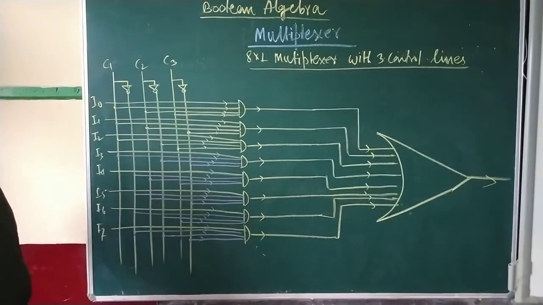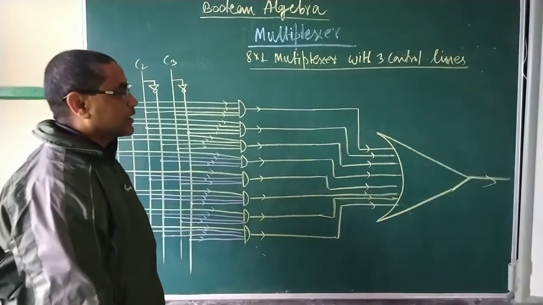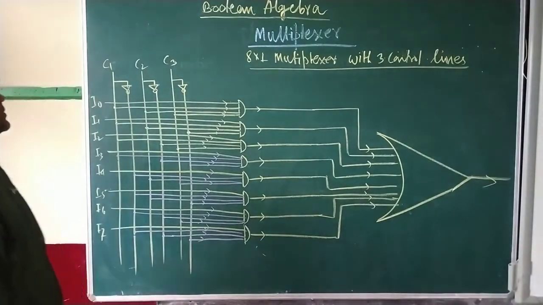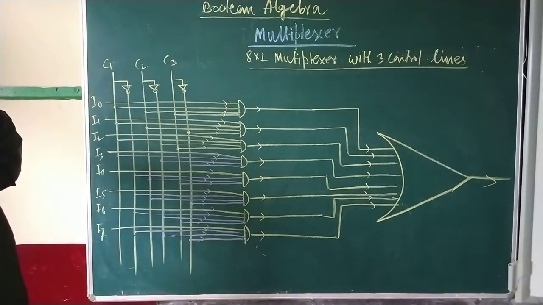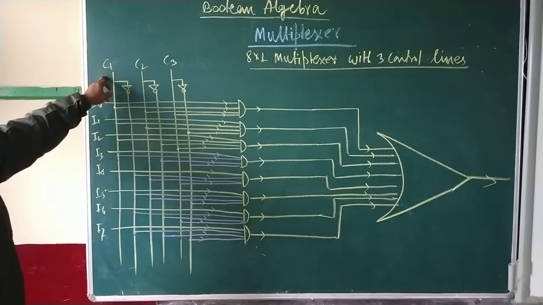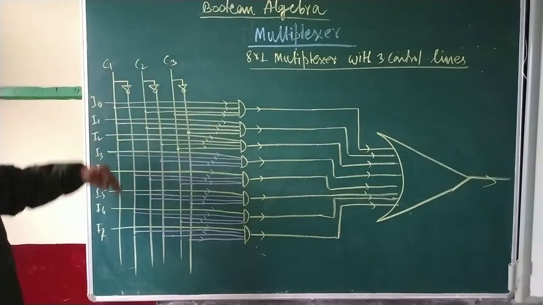So this is the 8x1 multiplexer with 3 control lines. 8x1 means we draw the truth table for 8x1, and here 3 means 3 inputs should be there. That's why C0, C1, C2 you can write.